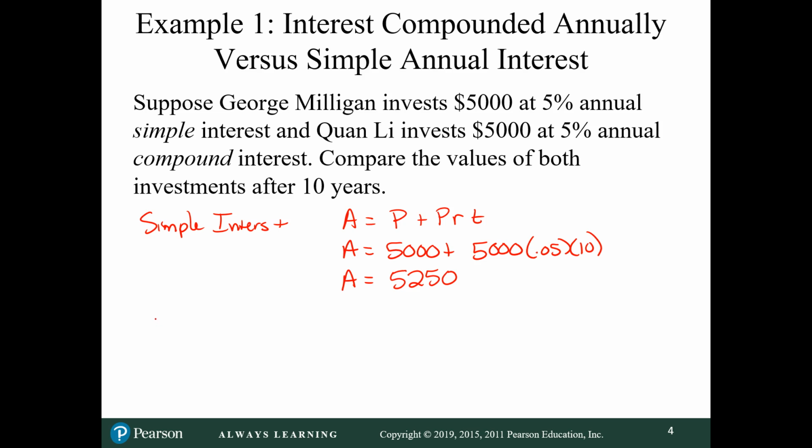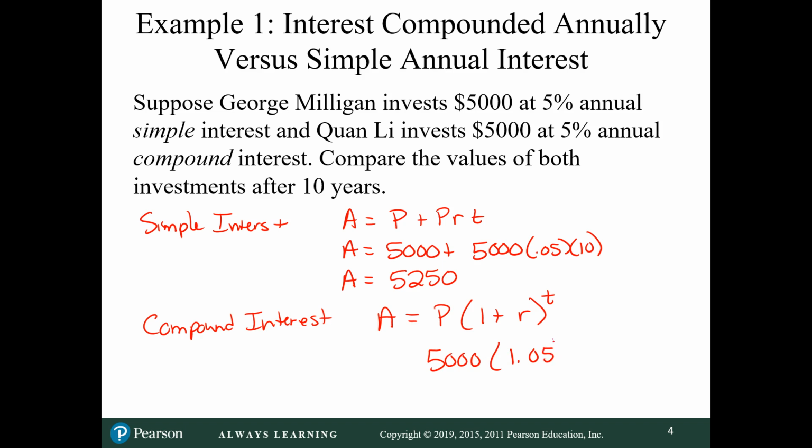Now, compound interest, compounded 1 time per year, is the amount equals the principal times 1 plus the rate to the time power, which is $5,000 times 1.05 to the 10th power.